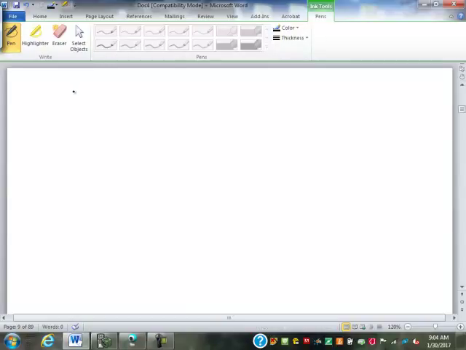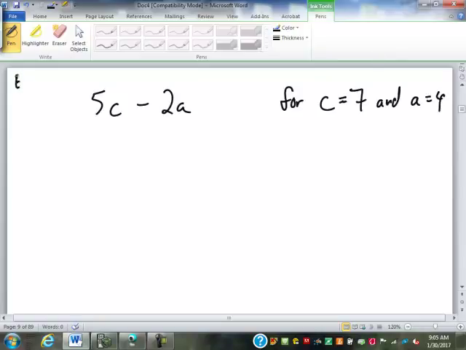Let's say we have something simple like that: 5c minus 2a for c equals 7 and a equals 4. The command we'd most likely be given would be evaluate.